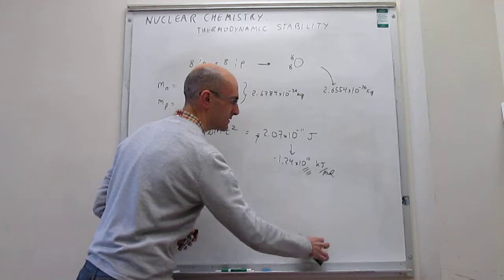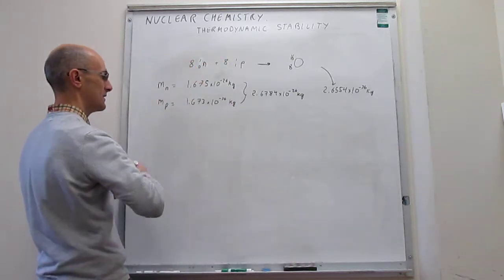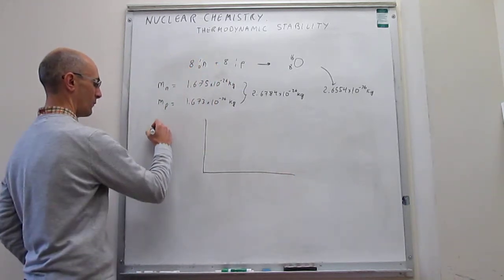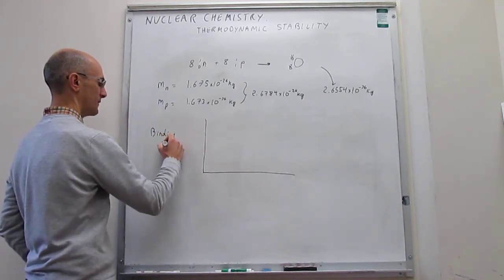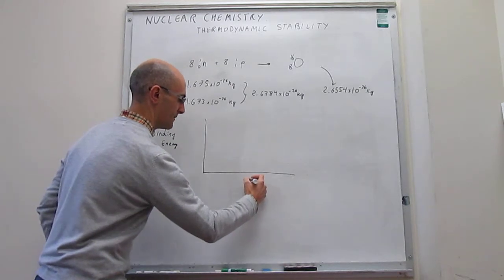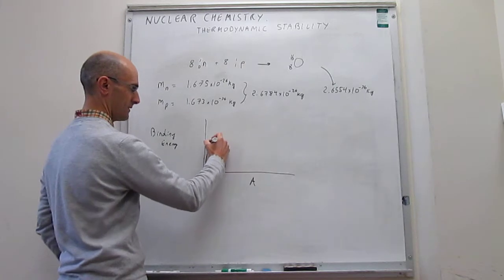When you make that comparison, the isotopes are distributed like this. If we put binding energy on the y-axis, which is a measure of the stability of those atoms, as a function of the mass number A, the graph looks more or less like this.